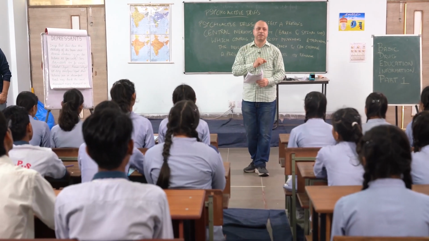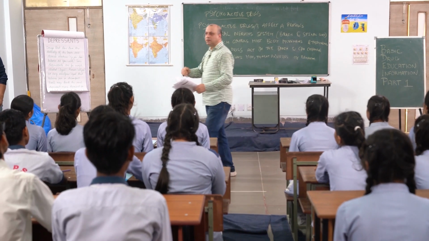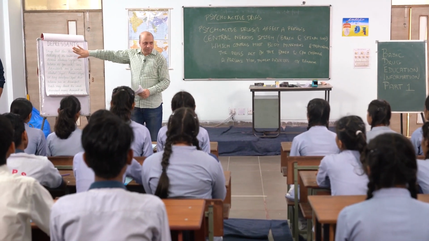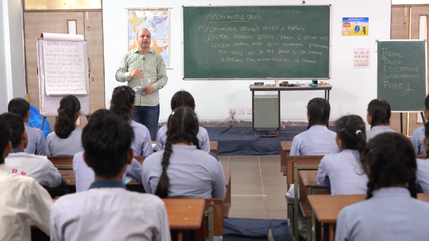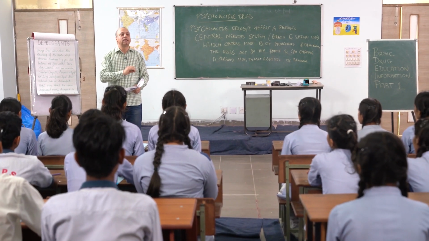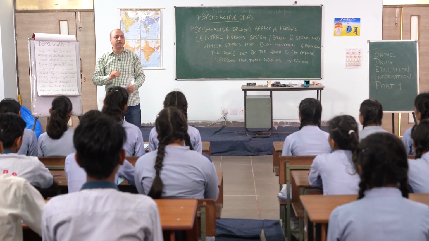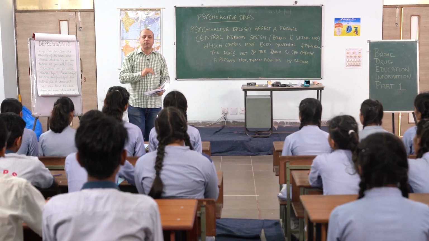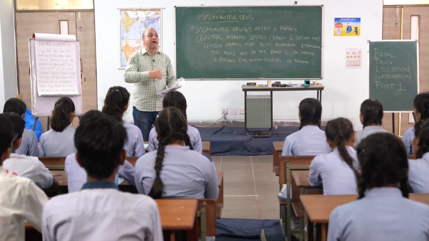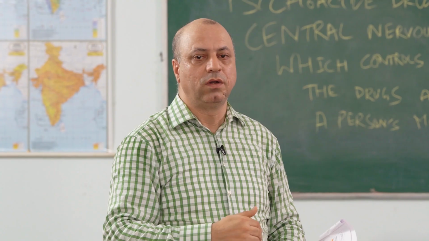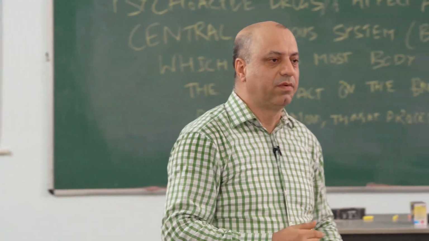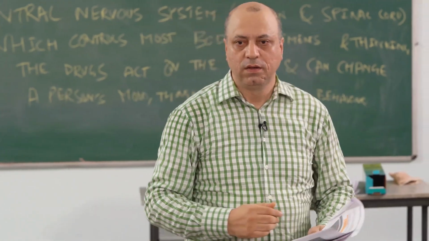That's a mental health condition. But when we say these drugs are depressants, we are not referring to a mental health condition called depression. We are referring to a condition in which our brain activity slows down, overall alertness goes down. We may even fumble, we may not be able to walk properly.